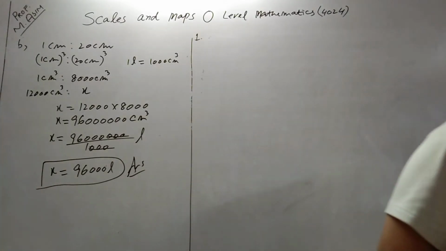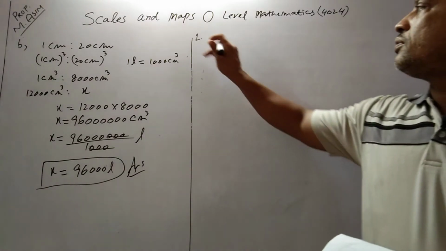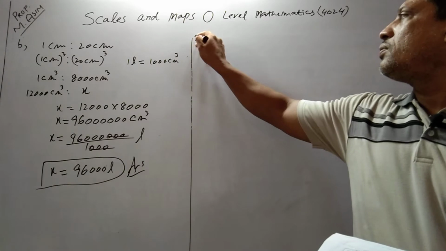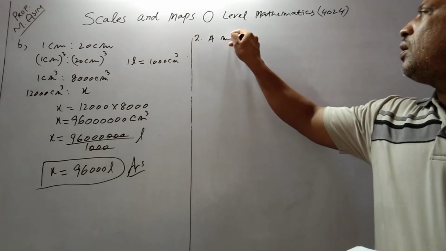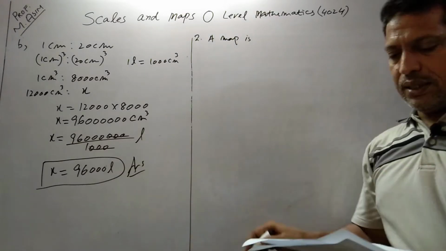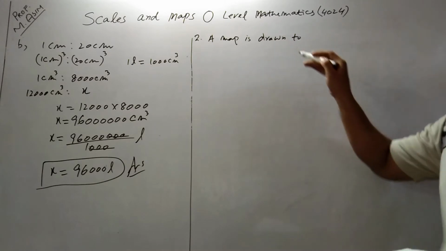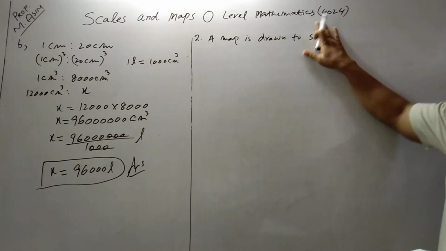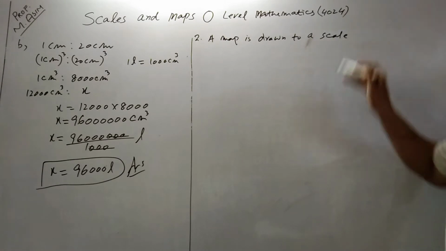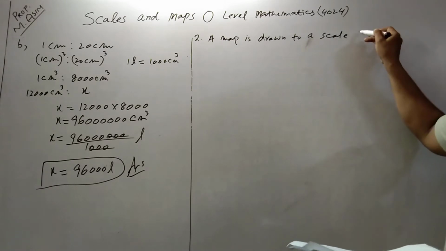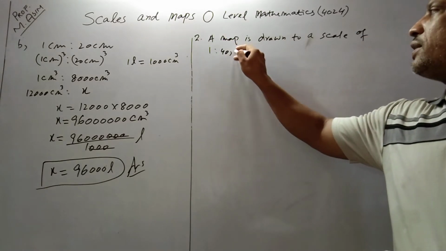What is question number 2? A map is drawn to a scale of 1:400,000.